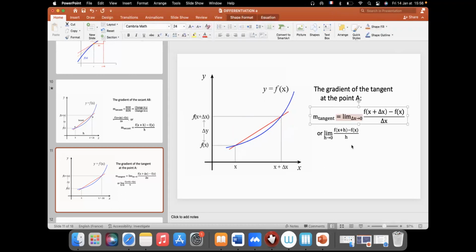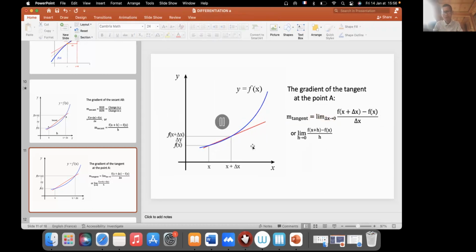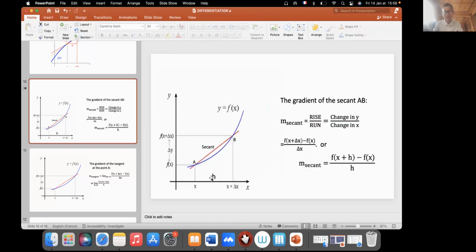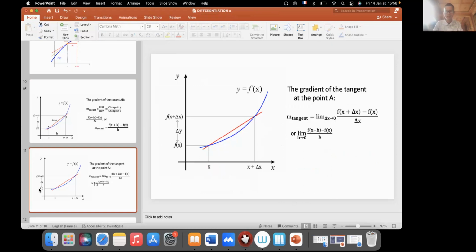Depending on your convention, some people prefer to use h to denote the change in x coordinate. It's only a matter of preference. So if you use h as a convention, then the expression becomes like this: delta x changes into h, and here the limit is with respect to h.